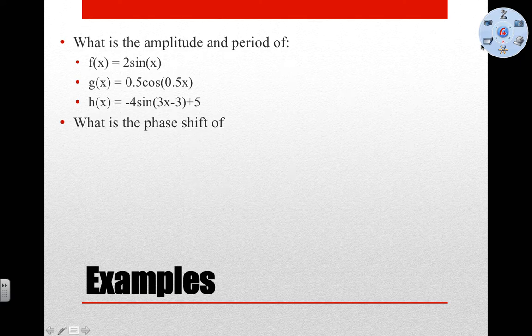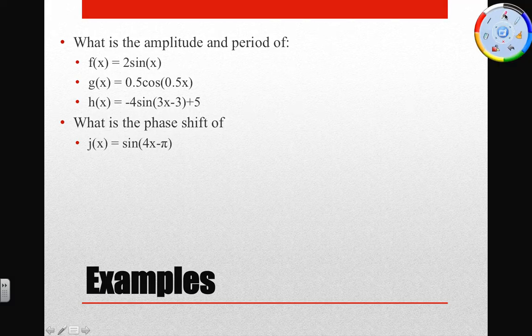So what is the phase shift then of this particular function? I just abbreviate it PS. Phase shift is given by C over B. In this case, C is the number here without the X, and a lot of times it's going to be a pi, or some version of pi, over B, which is 4.